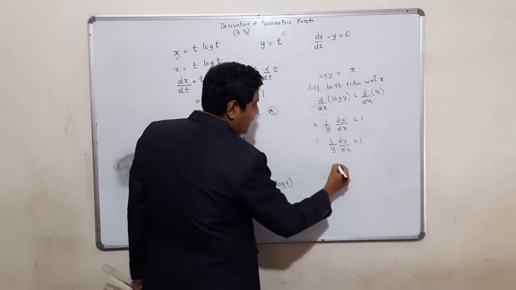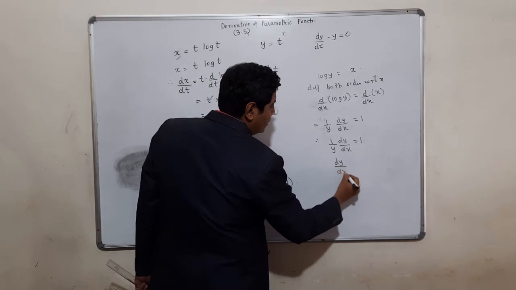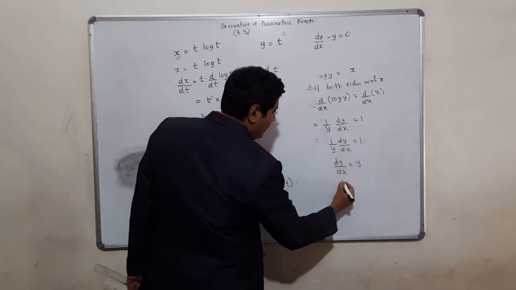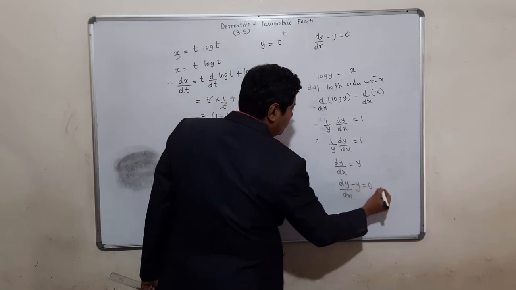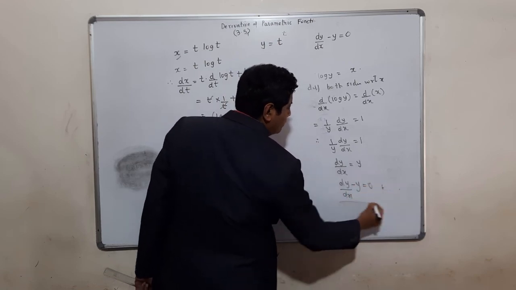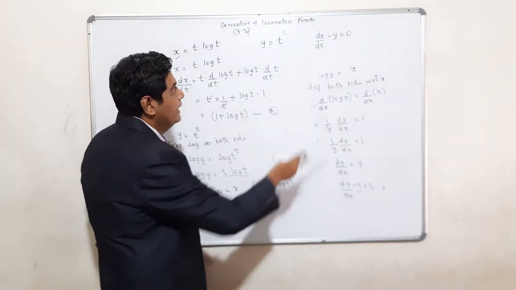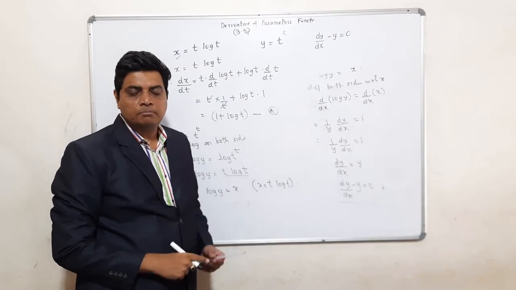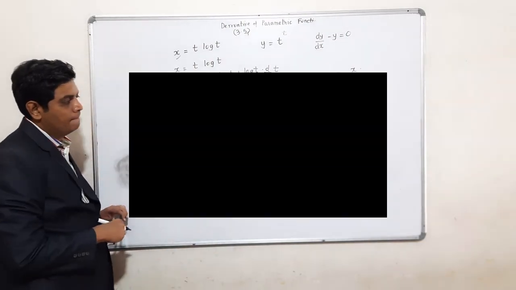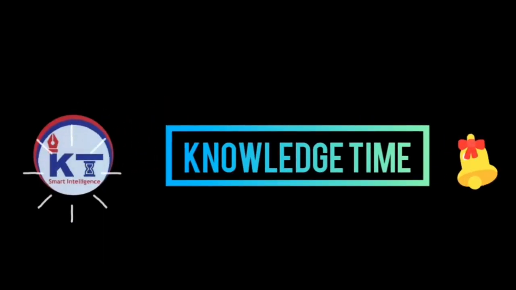Y goes on the other side, dy by dx is equal to y. So you get dy by dx minus y is equal to 0, hence true. So you directly get this proof by doing it this way. Okay, please note down this sum. Thank you.